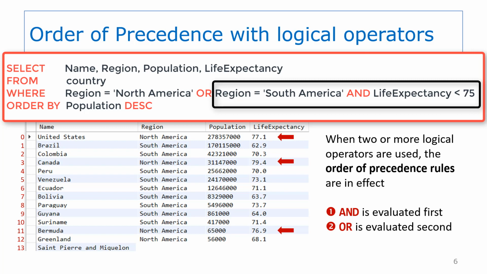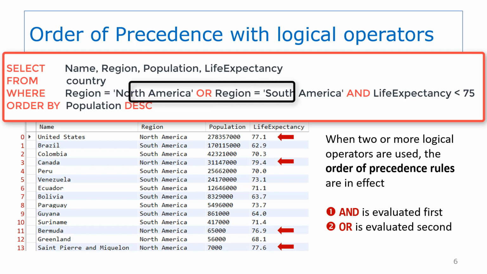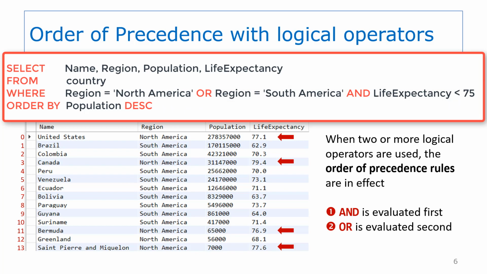What that means is that the test for life expectancy is only applied to countries in South America. After the AND clause is evaluated, the test on the other side of the OR clause is evaluated. So if the region is North America, or if the region is South America and the life expectancy is less than 75, the row is included in the result set.